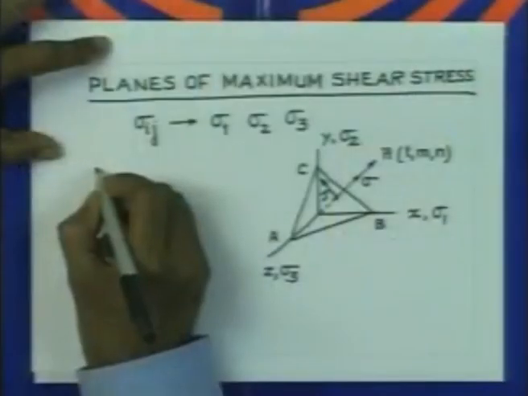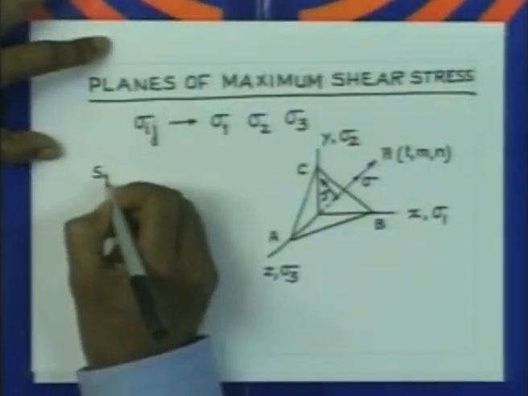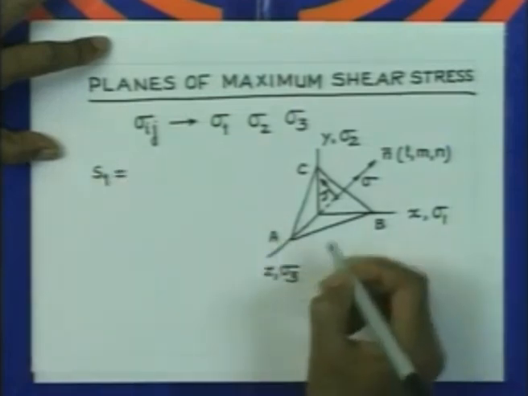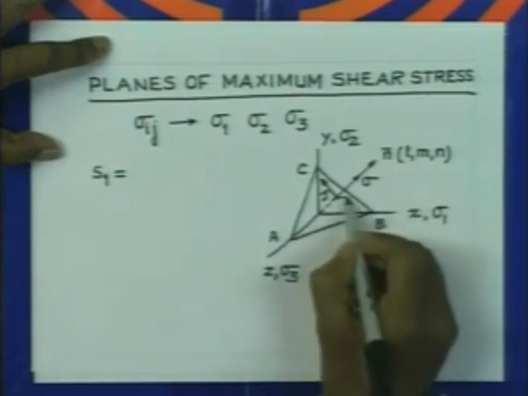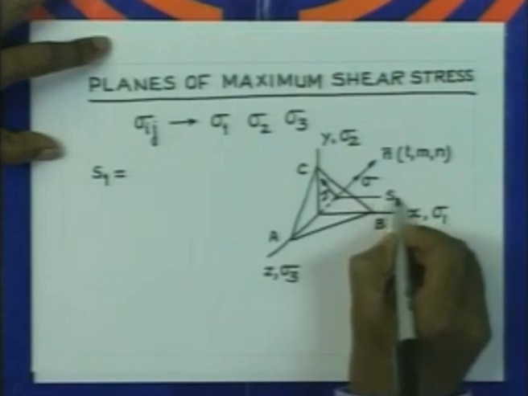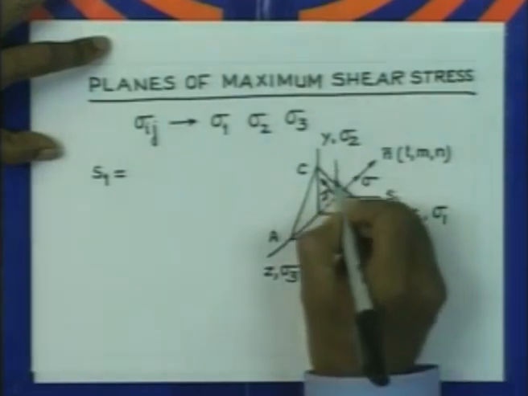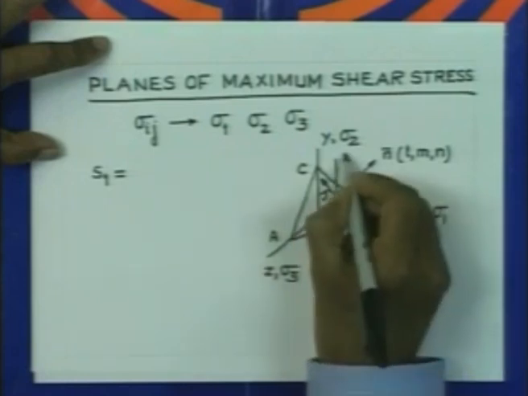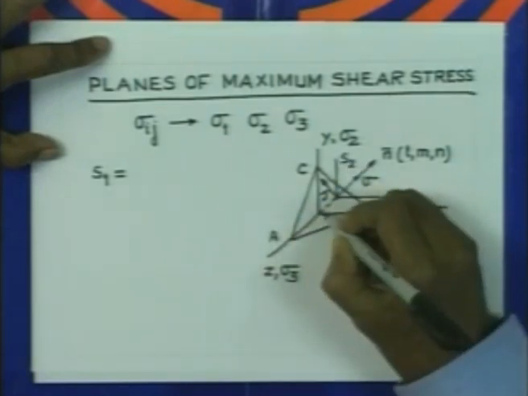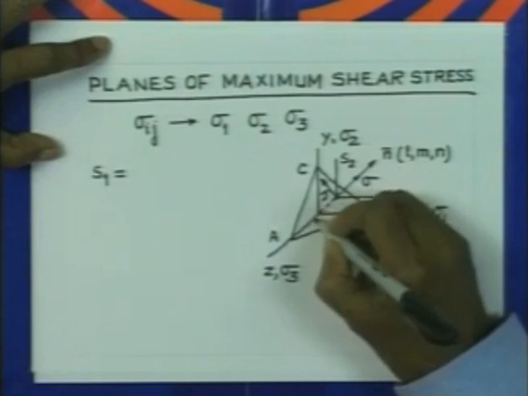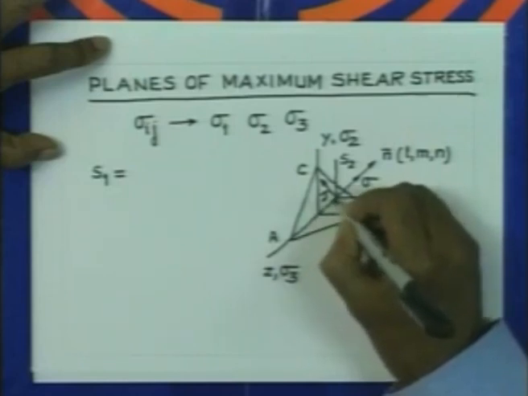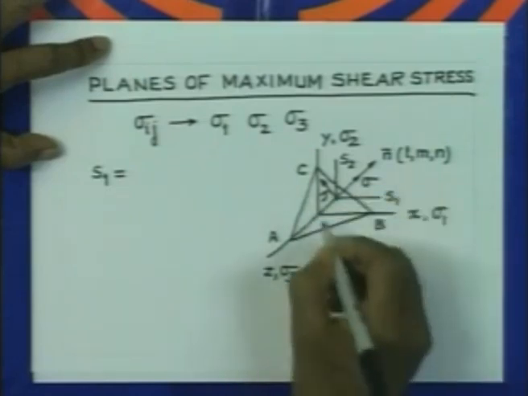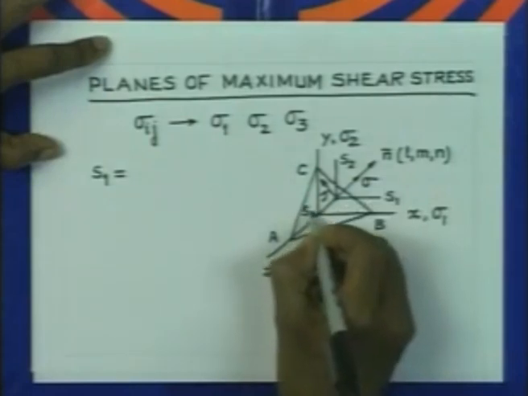Now, on this plane we can find out the tractions in the three reference directions. So, we will have tractions in this direction S1, and similarly in the y direction we will have S2, and in the direction of Z, this direction, let us say S3.